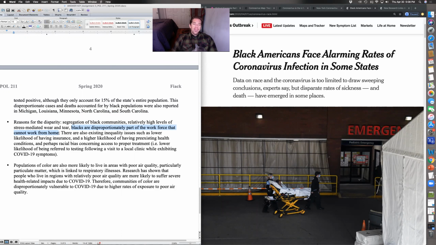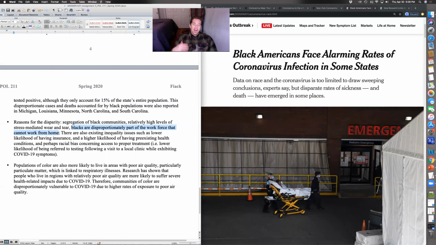Why are people getting so sick from coronavirus, right? Well, Black populations, and this is discussed in the first article here, are more likely to have pre-existing health conditions. They talk about high levels of stress-mediated wear and tear, right? That exposure to stress, discrimination, all these things can wear down a body.